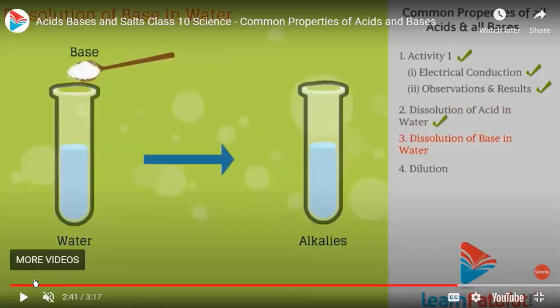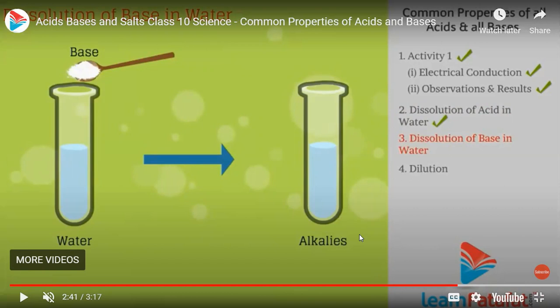Next thing, which we have already studied in our previous classes too, is that a few bases can easily dissolve in water. Whenever a base dissolves in water, it is termed an alkali. That is why we say that all alkalis are basic in nature, but all bases are not alkalis.